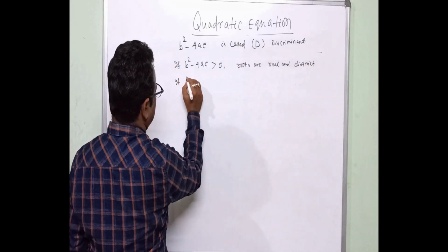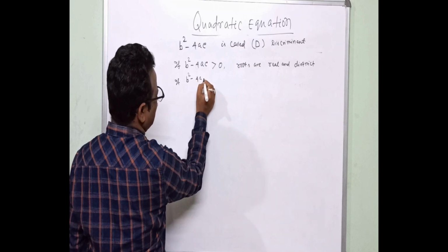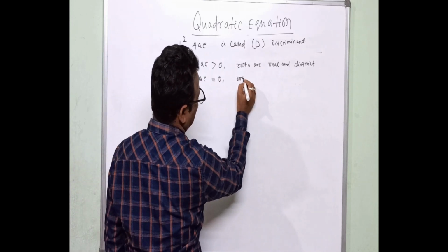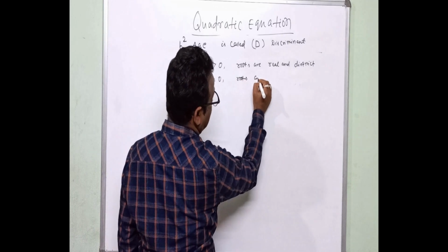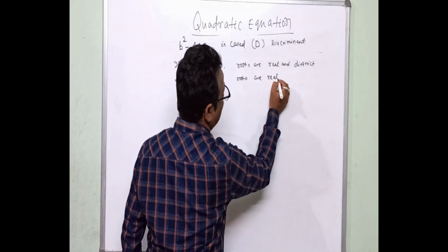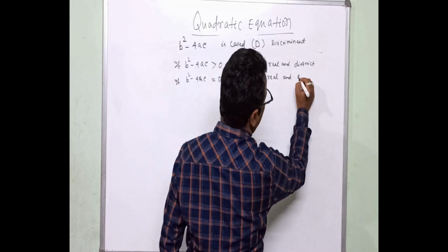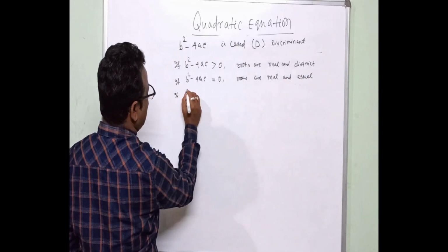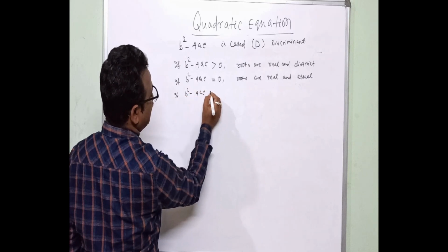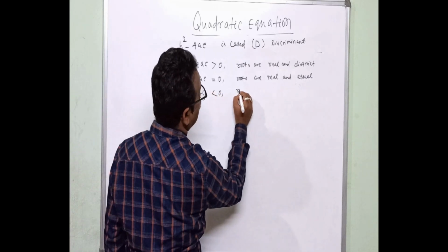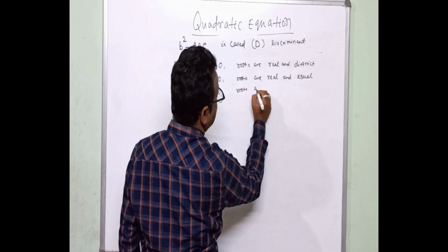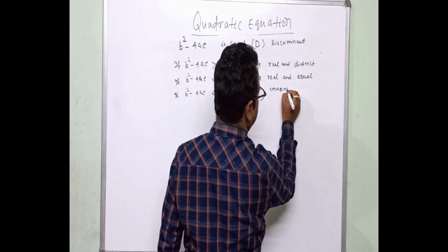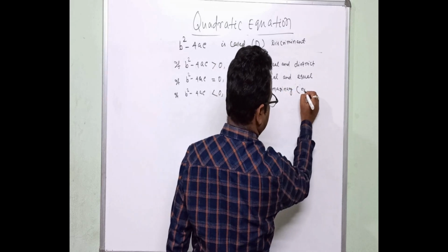If b square minus 4ac is equal to 0, roots are real and equal. If b square minus 4ac is less than 0, roots are imaginary, not real roots.